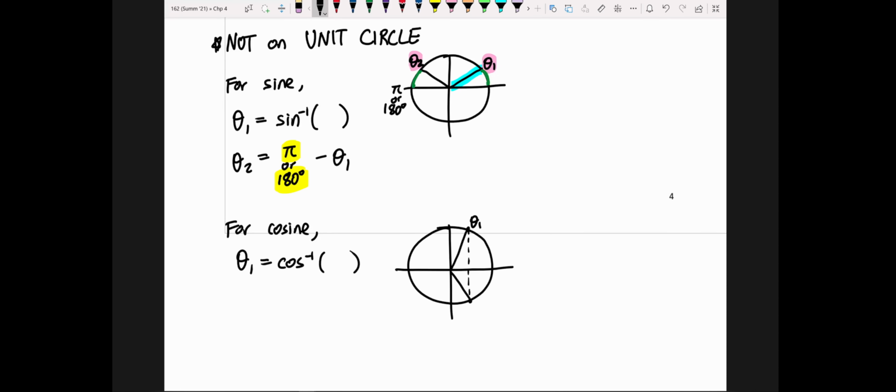So remember, with sine, these inputs share the same y coordinate. And then for cosine, these inputs share the same x coordinate. Because cosine is the x coordinate on the unit circle, sine is the y coordinate on the unit circle. Inverse cosine gives you the solution between 0 and pi. So in this restriction, to get theta 2, you have to do 2 pi or 360 degrees minus theta 1 to get theta 2.